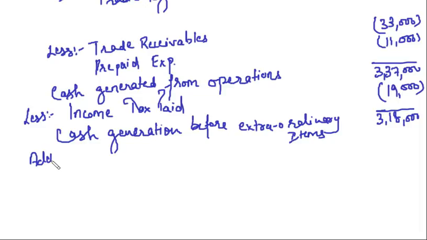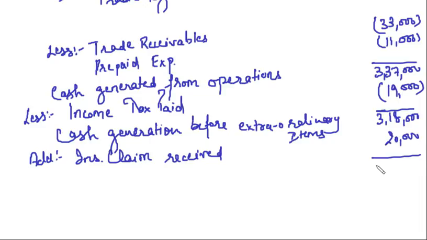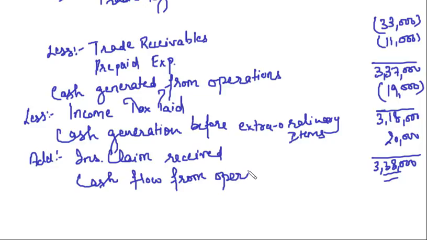We'll say add back insurance claim received amounting to rupees 20,000, right? So this is the figure of cash flow from operating activities.